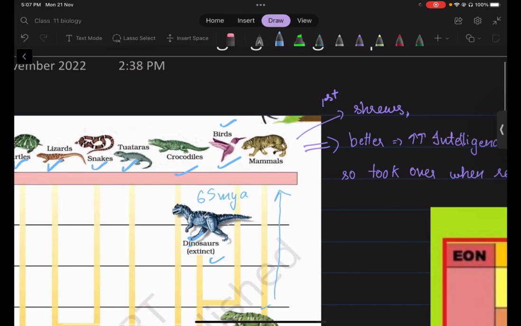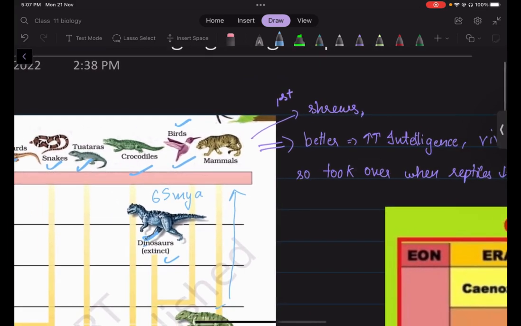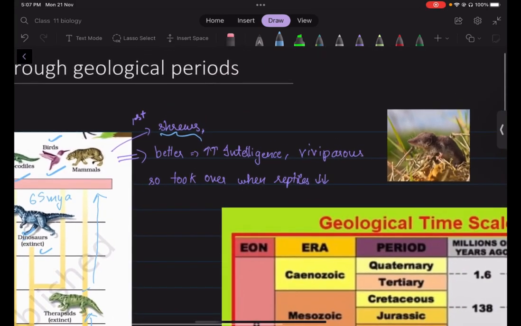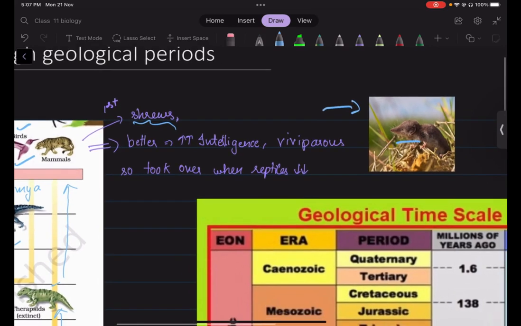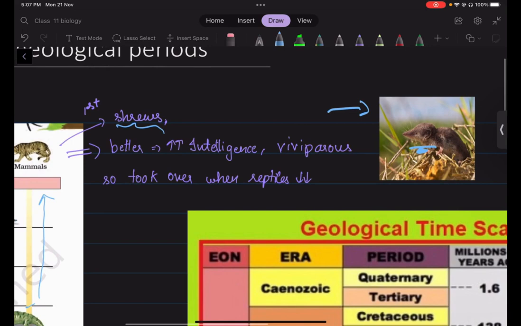The first known mammals appeared like shrews. Shrews are these small mouse-like animals you can see here. So mammals appeared like this, and their fossils were very small sized.